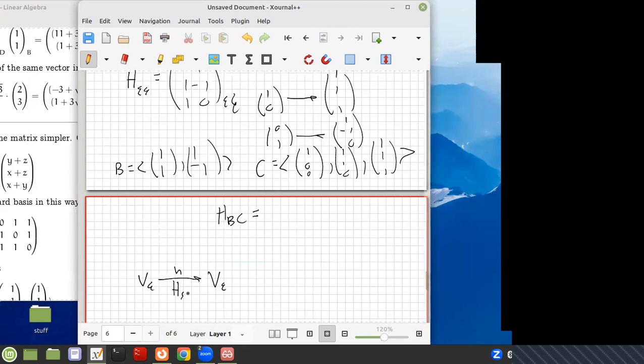What I know is this one here. But if I go up here to V and B, B and C, oh, let's do it the other way around. What I know is H standard, and I want B, C.